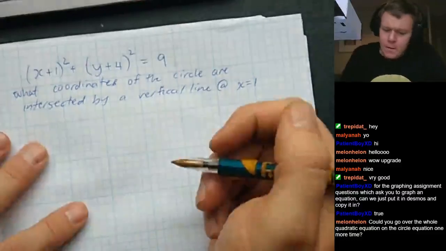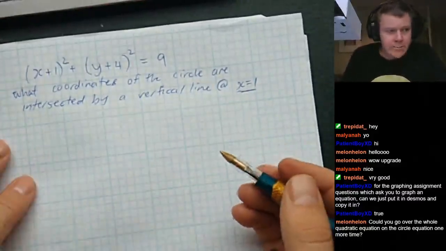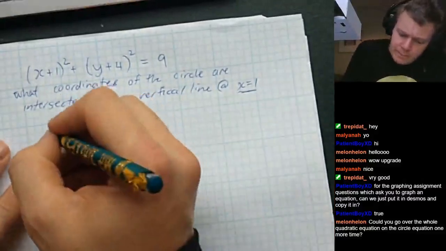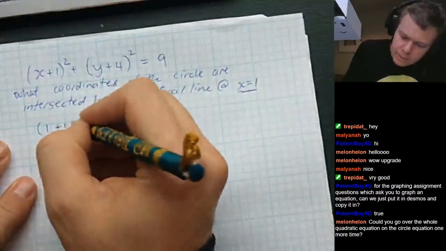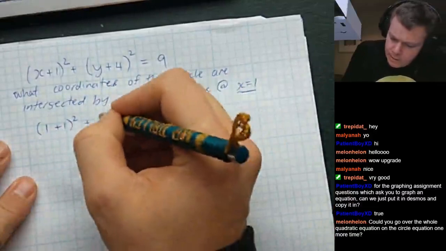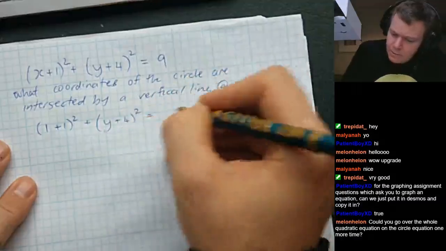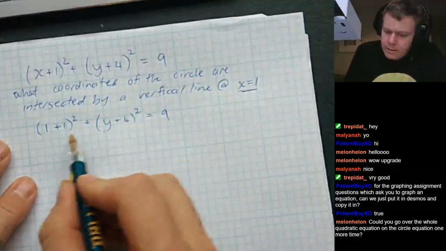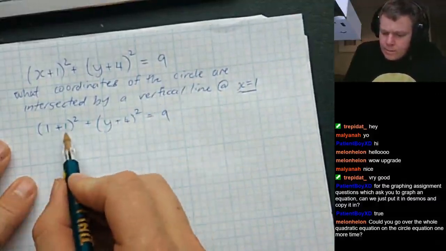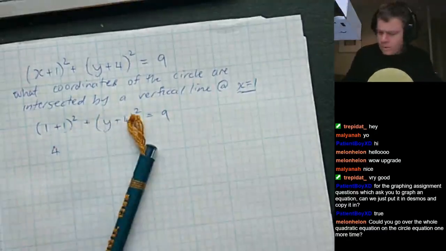Okay, first thing first, we want to put that into our equation. So we're going to get 1 plus 1 squared, then y plus 4 squared equals 9. Expanding this out, we get 2 squared, so this becomes 4. I might just use my highlighter.